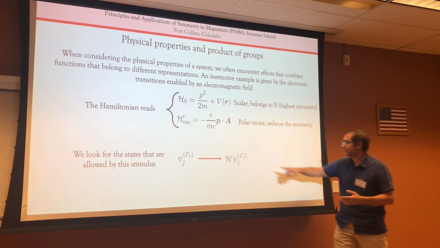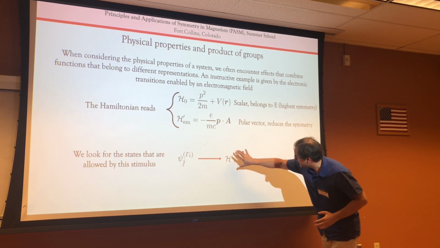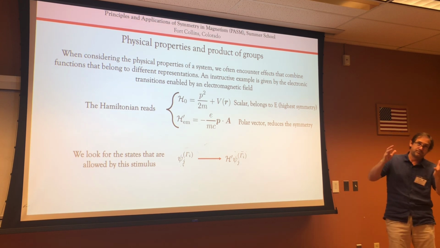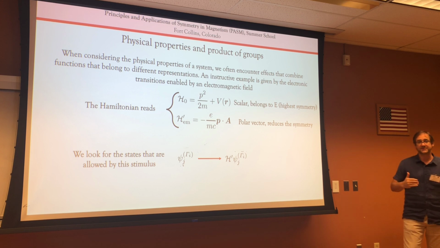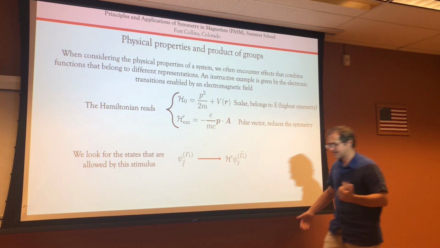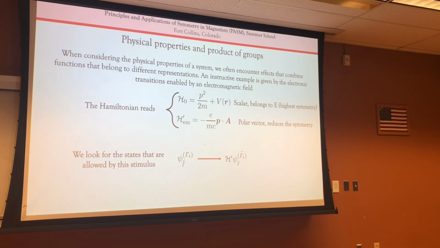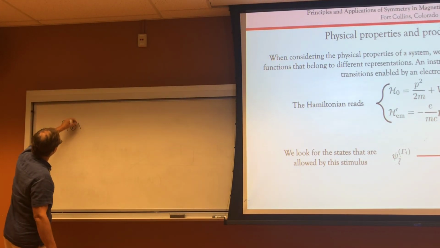So these are all irreducible representations of the crystal. And when I create this product, I'm going to have a product of representations which is itself a reducible representation. Then I need to decompose it. This is something that we have already seen. So I will have a product of representations i, j.